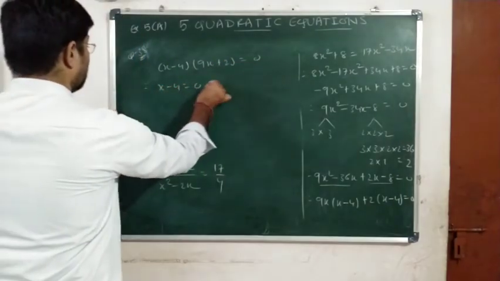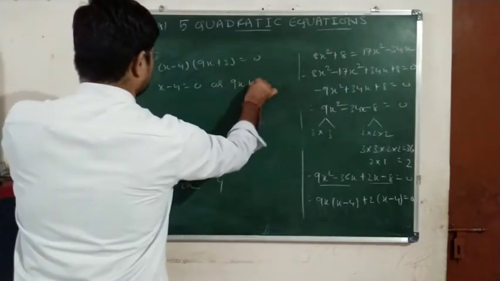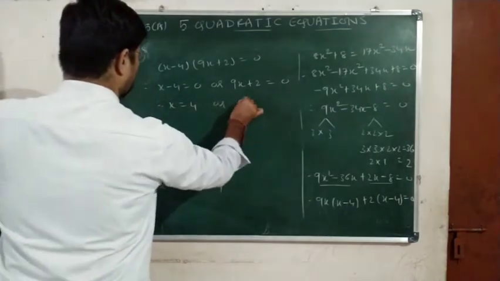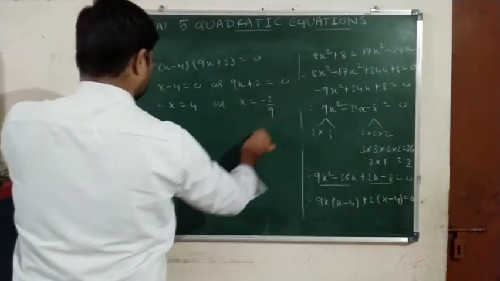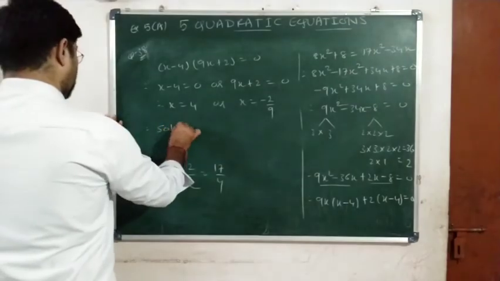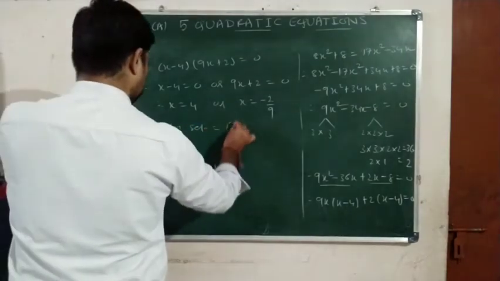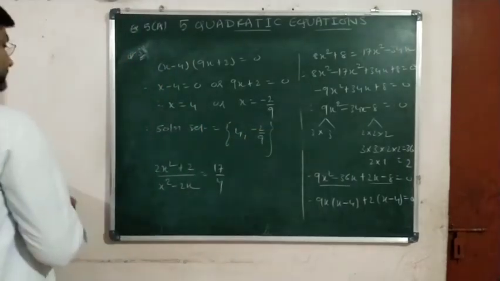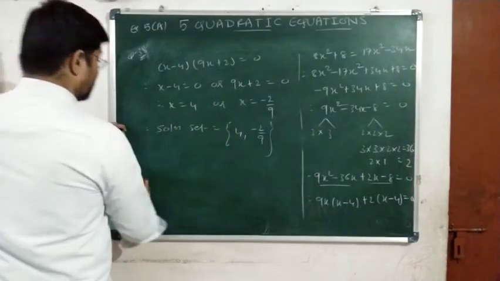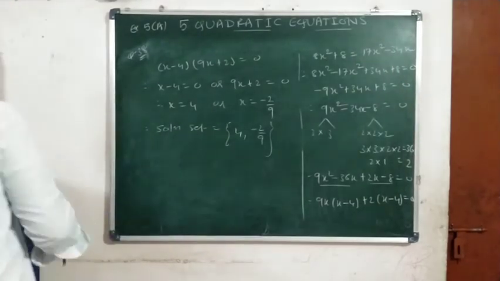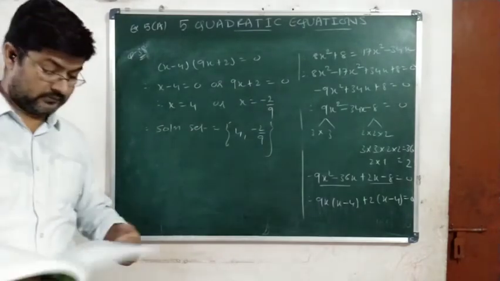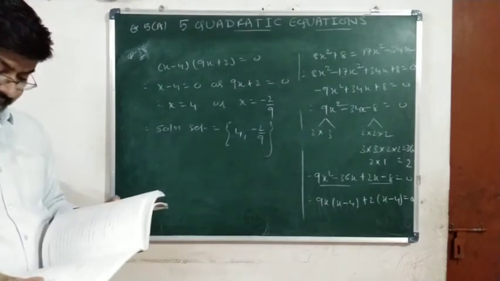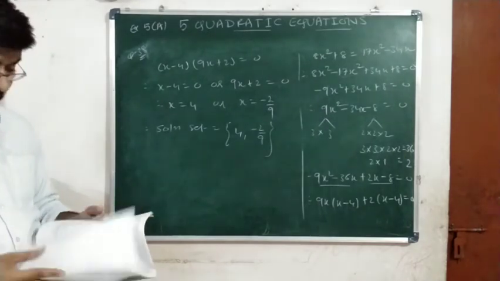Therefore x minus 4 equals 0 or 9x plus 2 equals 0. Therefore x equals 4 or x equals minus 2 upon 9. Therefore solution set is 4 comma minus 2 upon 9. Okay, this is the solution set and the end of question number 38.